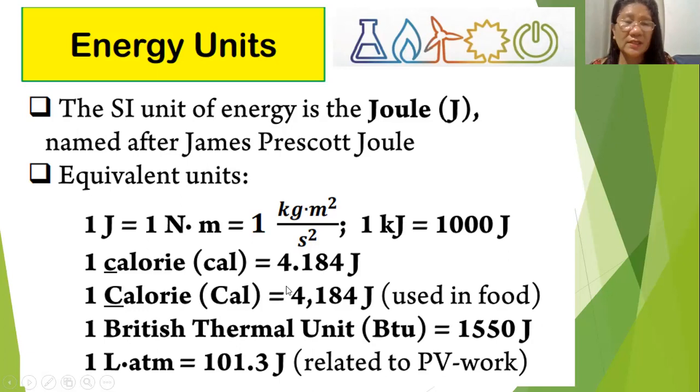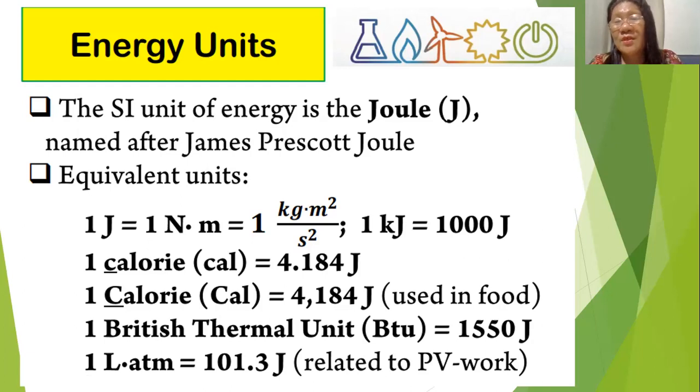1 calorie is not 4,000. That is wrong. That is 4.184 joule. So this is used in food. Most of those who are dieting are very particular with the calorie intake that they have. The more calorie intake that you will have, the more what will happen?